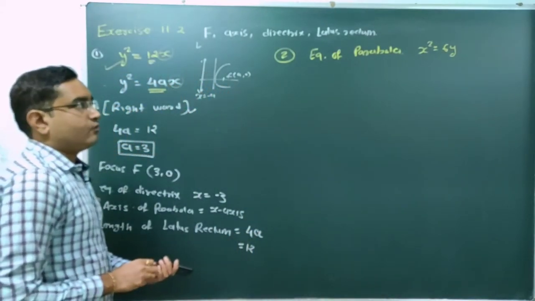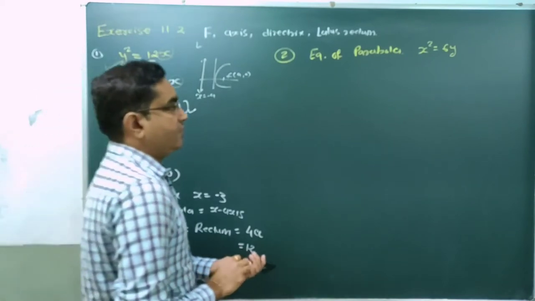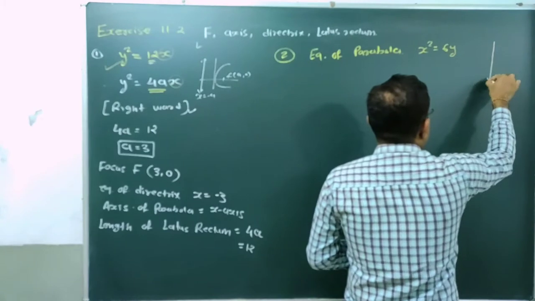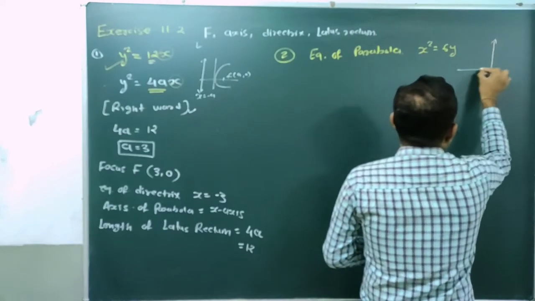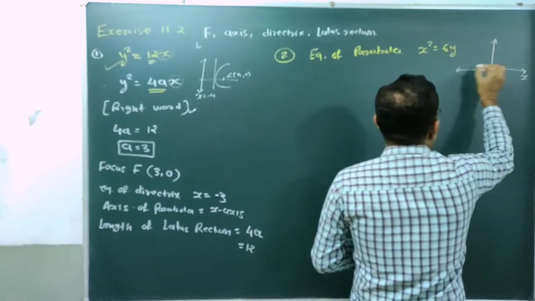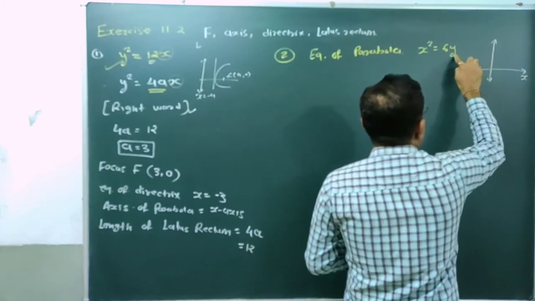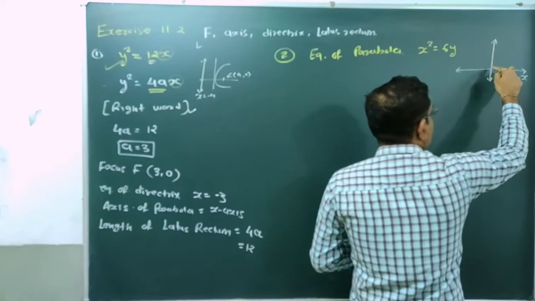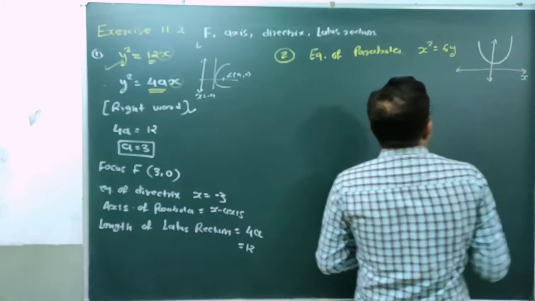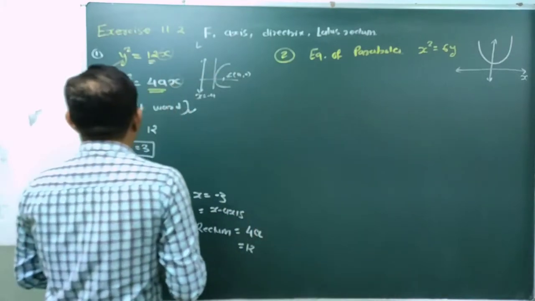X square, that means for positive and negative values of x, और y will be positive, है ना. रफ डायग्राम ड्रॉ करें तो आपको जल्दी आइडिया आएगा. For positive and negative values of x, this is our x. So for both positive and negative values of x, y is positive. Y positive कहाँ पर होगा? Upward direction में. So this is our upward parabola. है ना?